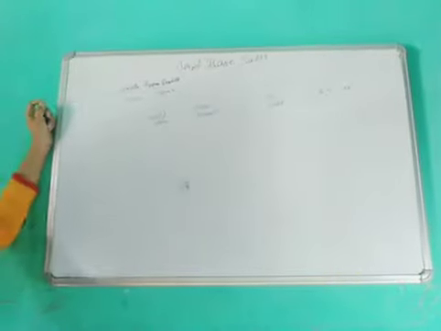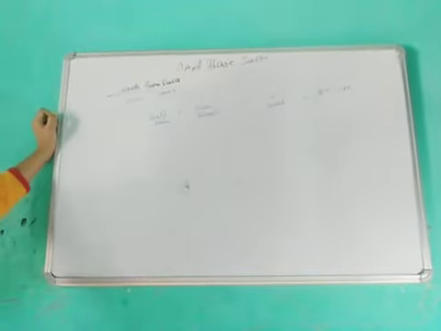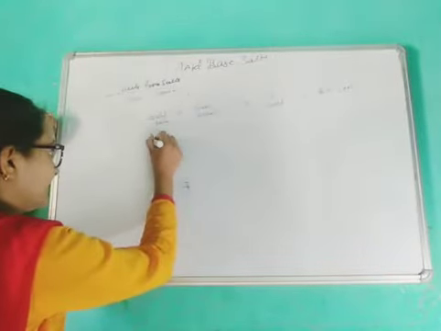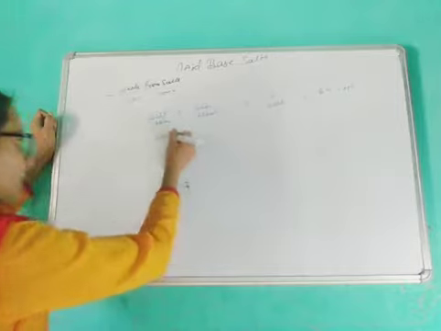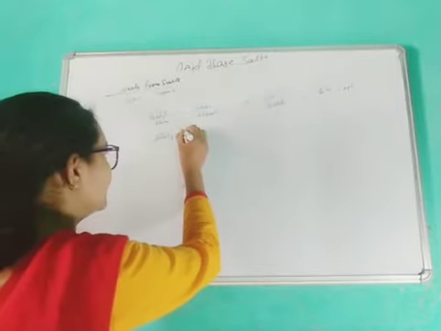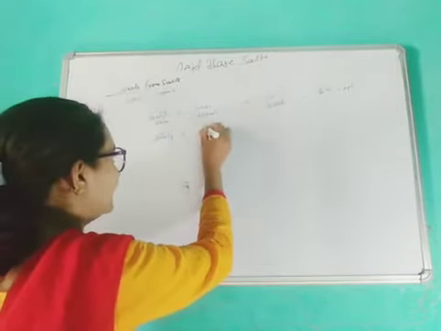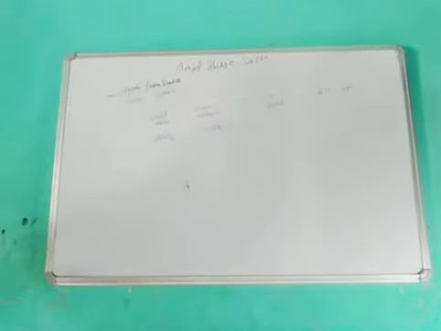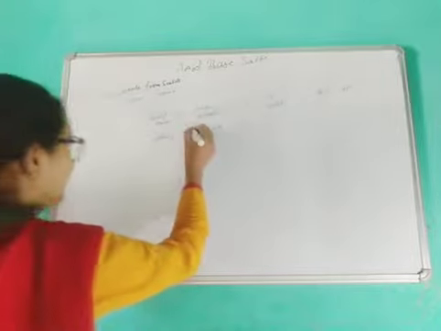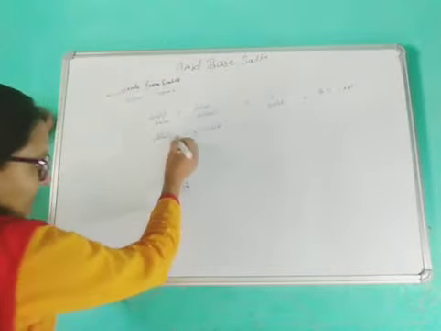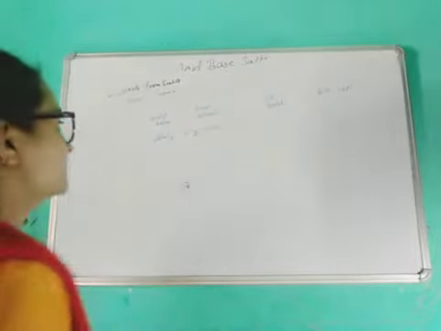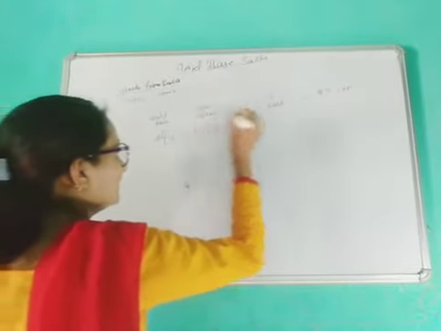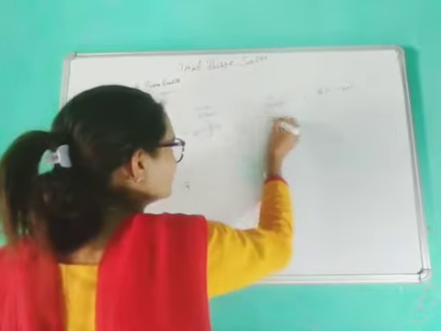Okay, for example, we take AlCl3. This is aluminum chloride. Okay, it reacts with NaOH. Because NaOH is an alkali, it reacts with 3 molecules of NaOH. We know there are 3 chlorines, that's why. So normal salt will form from here: NaCl, 3 molecules of NaCl.